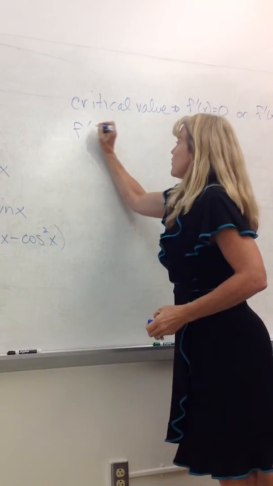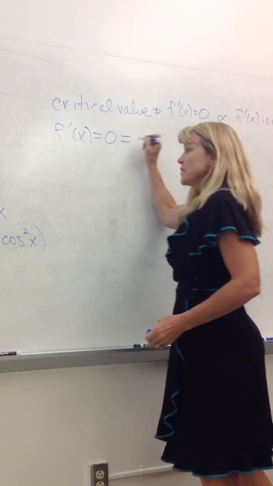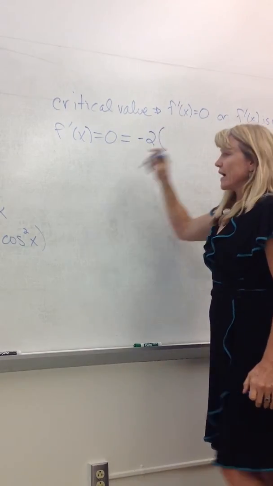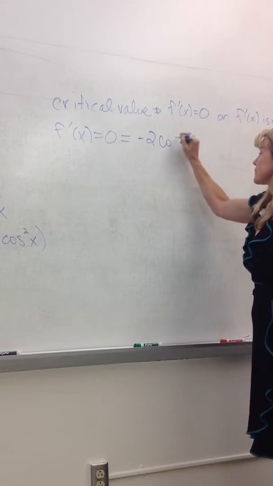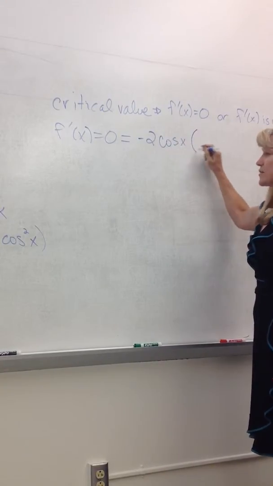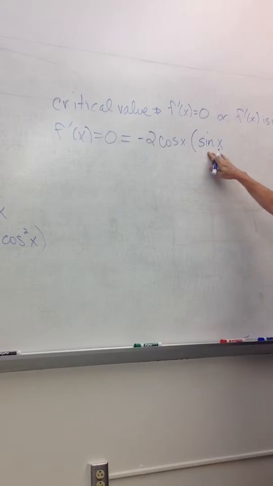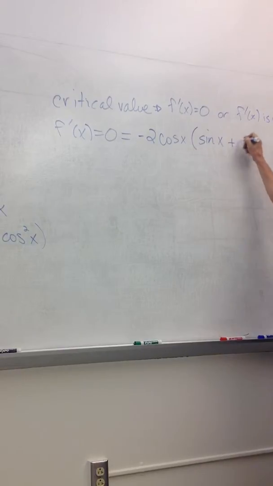Okay, so f prime of x set equal to 0 is going to give me the equation. I'm going to factor that -2 out, and I'm going to factor the cosine out. So I'm factoring out the -2 and the cosine, and I am left with a sine of x in the first factor and a +1 in the second factor.